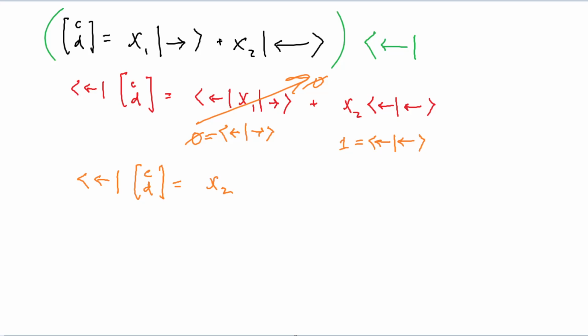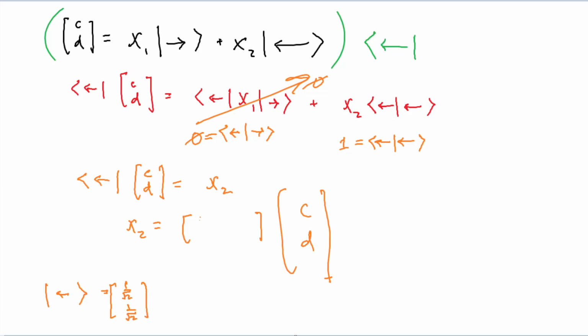And so, of course, if we go ahead and multiply it out, x2 is equal to, let me just write out the framework, CD, and keep in mind, to the left, your ket vector is fundamentally equal to 1 over root 2 and positive 1 over root 2.